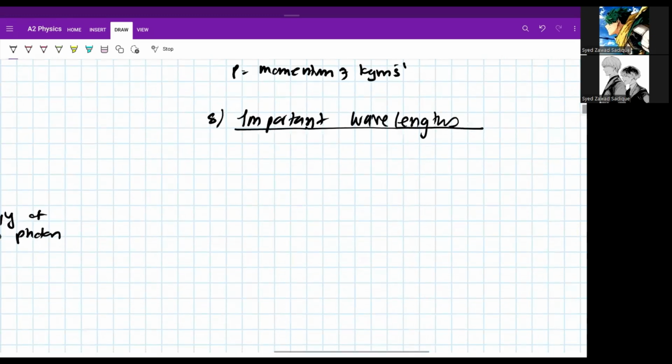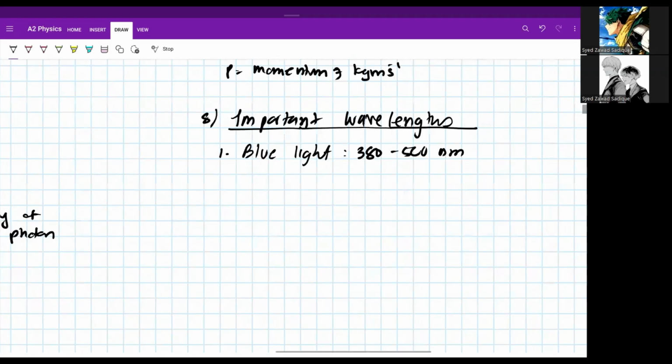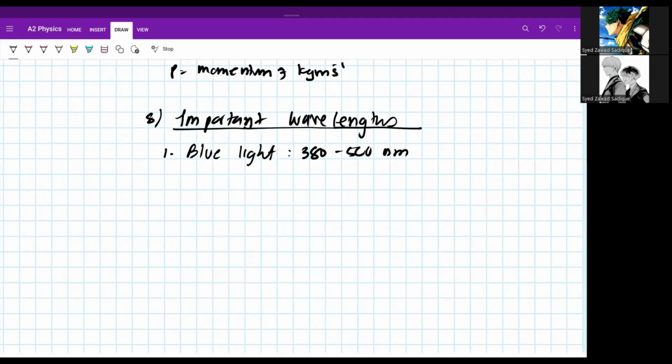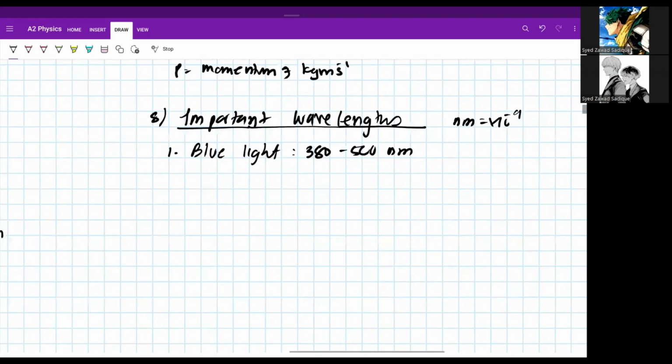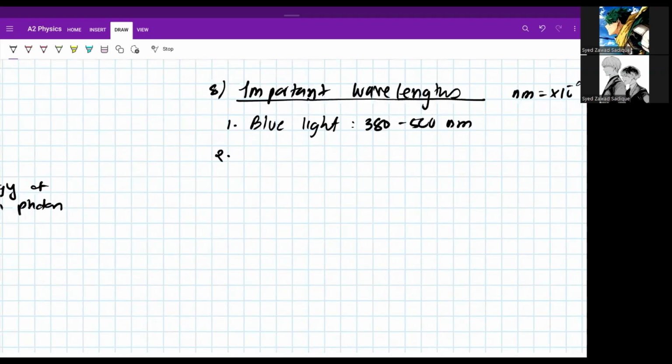So you have number 1, blue light, which is 380 to 500 nanometers. By the way, nanometers is equal to 10 to the power minus 9 meters. 2 is red light, which is 620 to 700 nanometers.